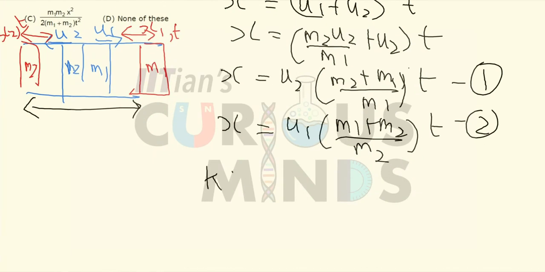We have to calculate the kinetic energy, which will be equal to half m1 u1 square plus half m2 u2 square.